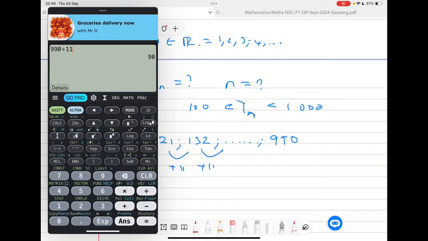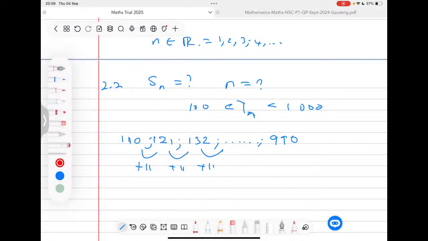So it is divisible, and you can see that 990 is really less than 1,000. So it's in between 100 and 1,000. That's how you construct your terms. And there is no other term that will allow 11 to divide it apart from 990. So that's how you can reconstruct this sequence.